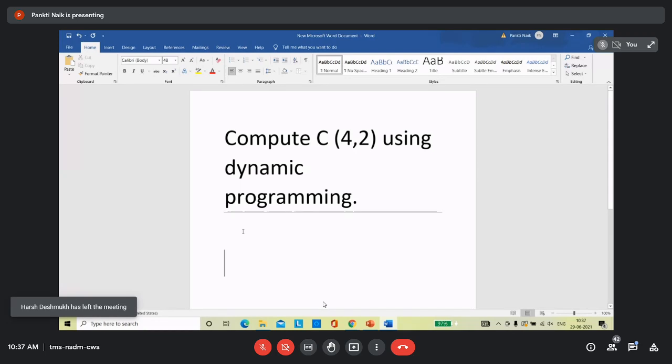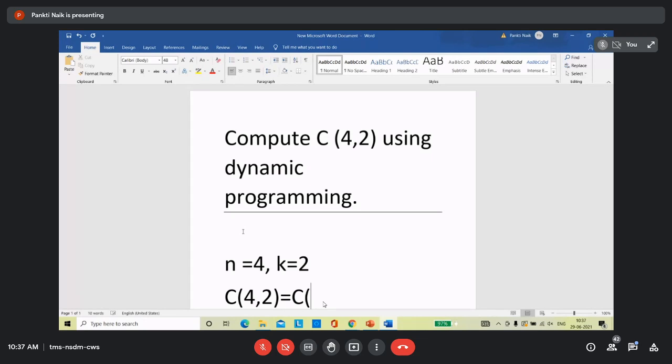And the solution, how will you find it? Here the value of n is equal to 4, and the value of k is equal to 2. This much is given to you, right? So what will the first step be? C(4, 2) is equal to C of n minus 1.